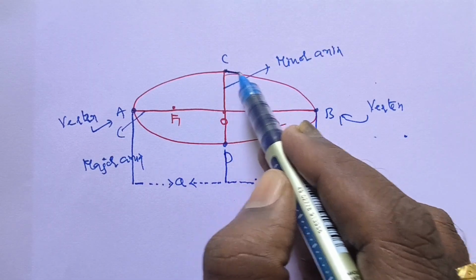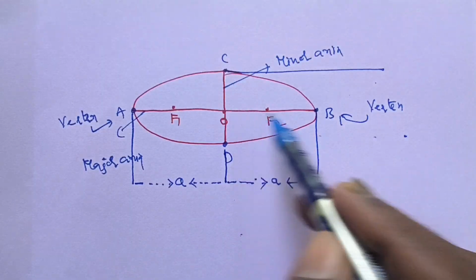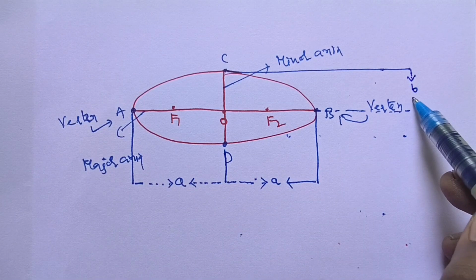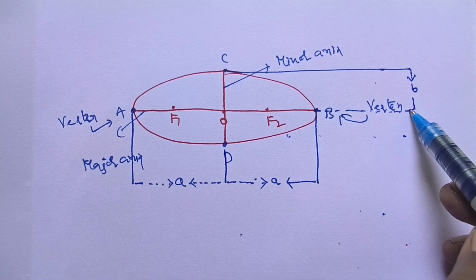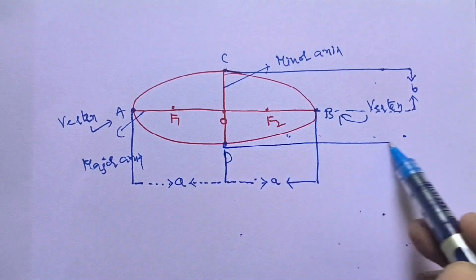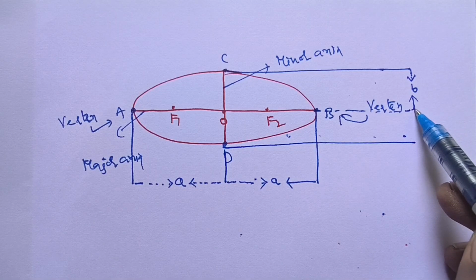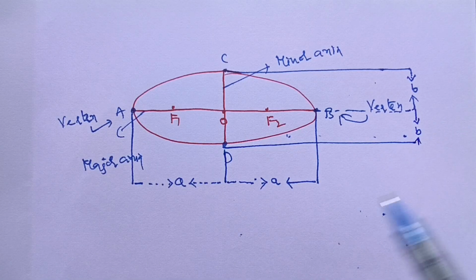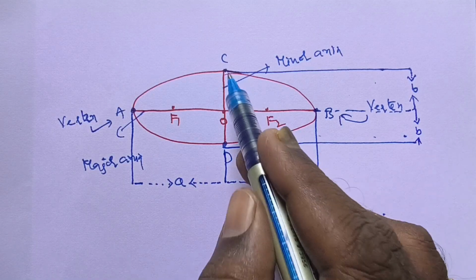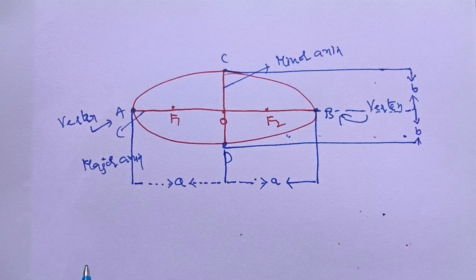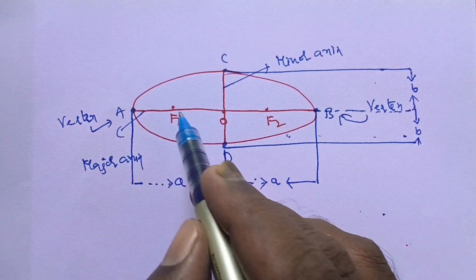And the distance from C to the center O is small b units, and the distance from O to D is also small b units.